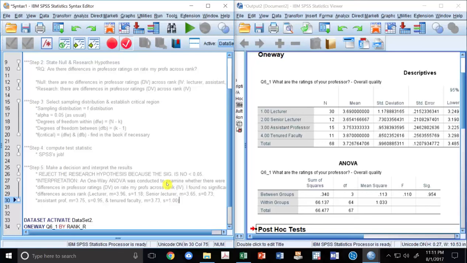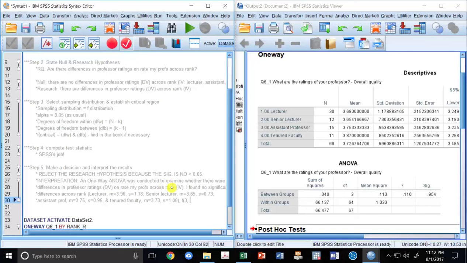So what I would say, for example, is a one-way ANOVA was conducted to examine whether there were differences in professor ratings on Rate My Professors across rank. I found no significant differences across rank, and then I added in the lecturer mean and standard deviation, senior lecturer mean and standard deviation, and so on. And then I would end it with F, and then we need to put the degrees of freedom.